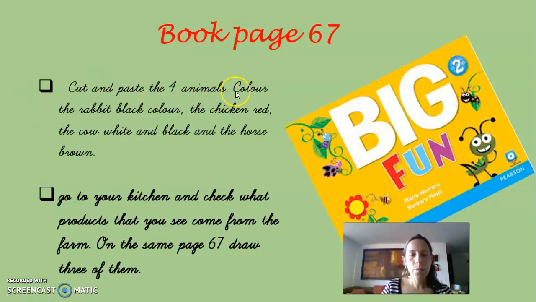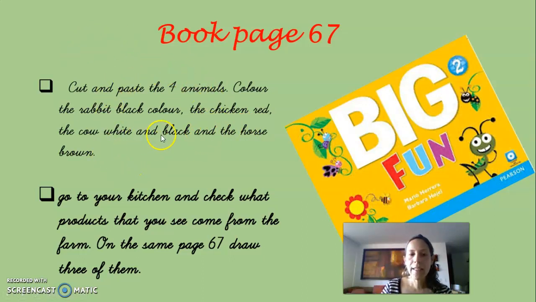For example, you are going to color the rabbit black color. You are going to color the chicken red color. You are going to color the cow white and black. And you are going to color the horse brown.